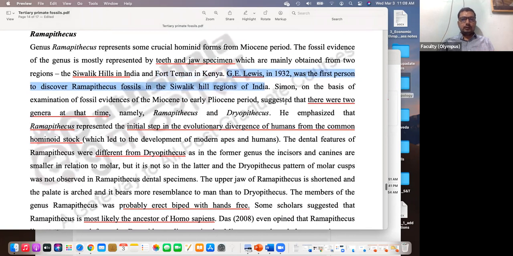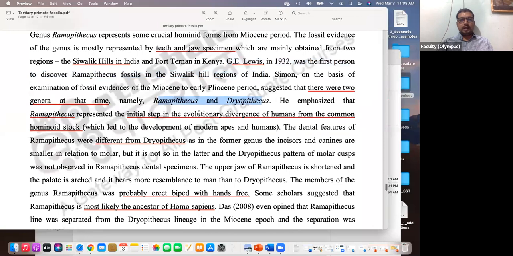They thought Ramapithecus and Dryopithecus were two different versions, two different genera. And he explained that Ramapithecus is the initial step in the divergence of humans from the common hominoid stock, meaning from the hominoids, modern apes and humans developed.